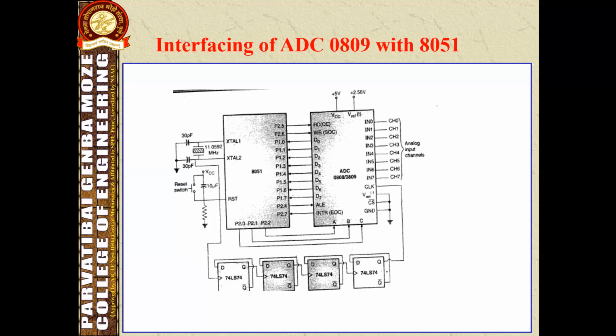Hence, in order to select an input channel, it is essential to send 3 address bits on the ABC inputs. The address of the desired channel is sent to the address pins through ports P2.0, P2.1 and P2.2. So this is the 8051 microcontroller.